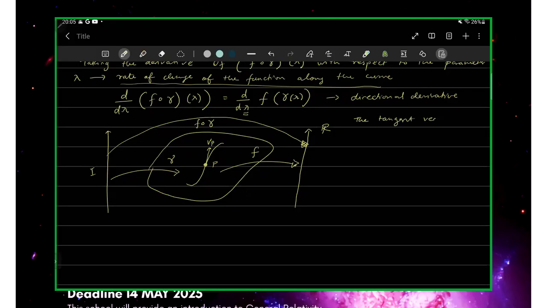So the tangent vector to the curve gamma at the point P is defined by the following.